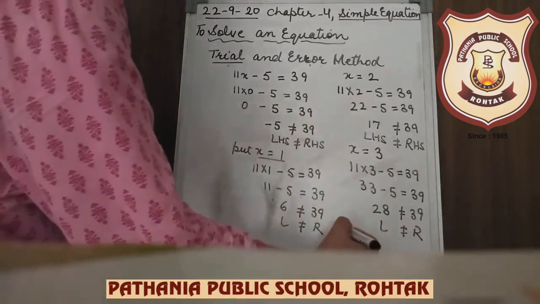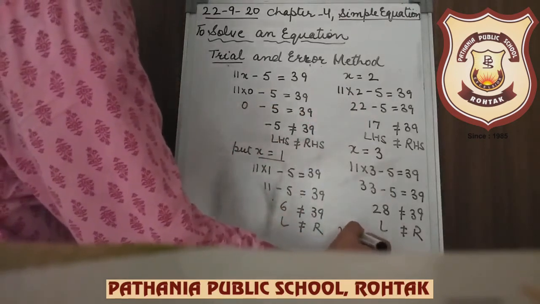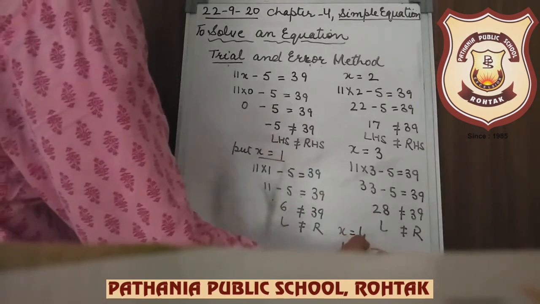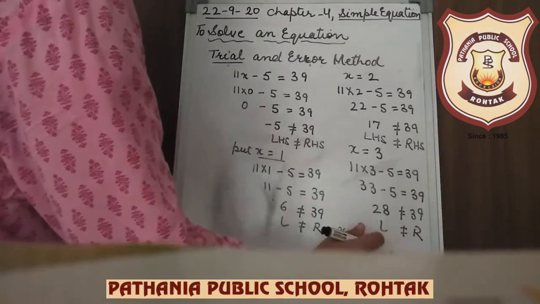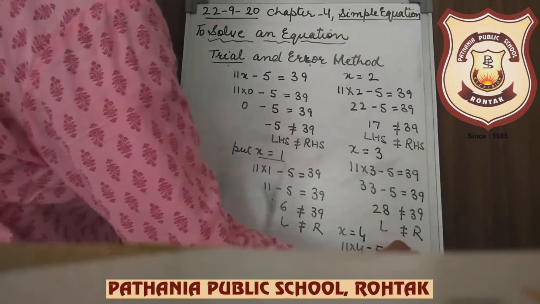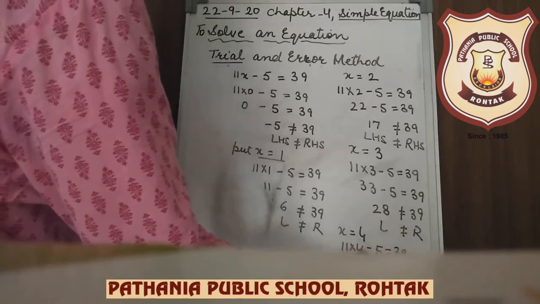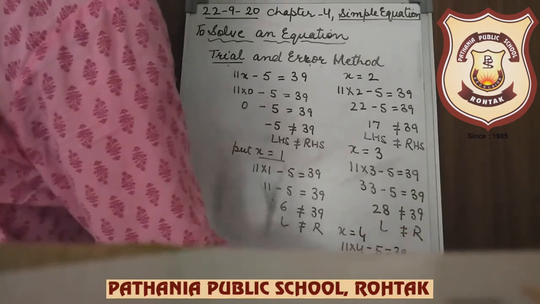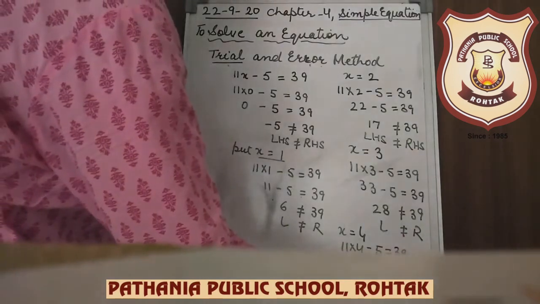Now I will go for x is equal to 4. So 11 multiplied by 4 minus 5 is equal to 39. 44 minus 5 is equal to 39. 39 is equal to 39.